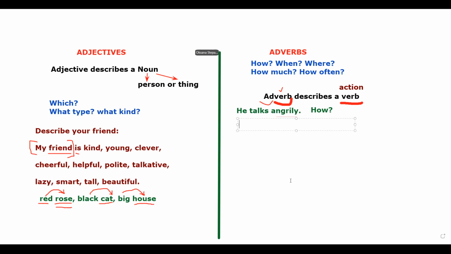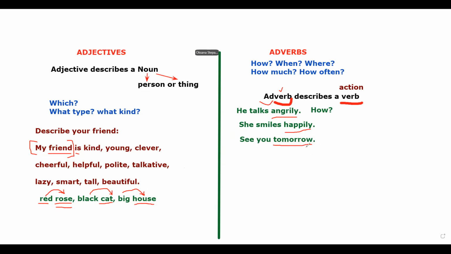Another example, I don't know. She smiles happily. Again, it is the same example, right? So the adverb here is happily, and again, we put the same question, how? For example, see you tomorrow. See you tomorrow. So the adverb here, now there's a huge difference between this and this, between adjectives and adverbs and the sentences.